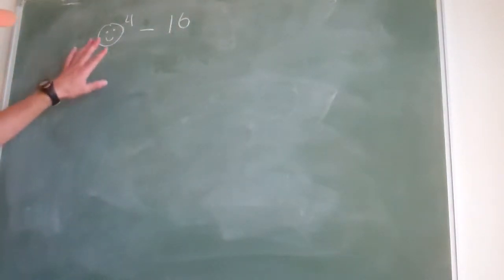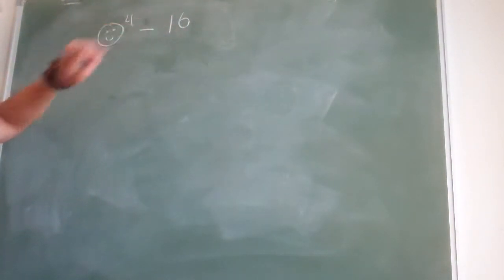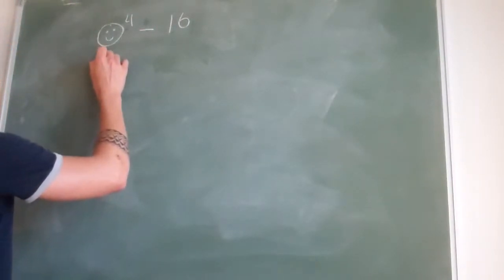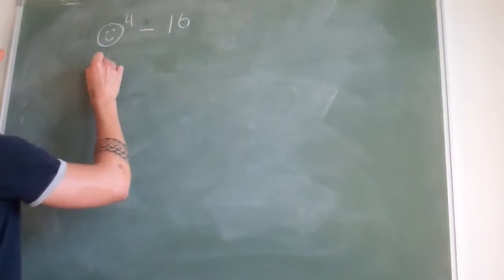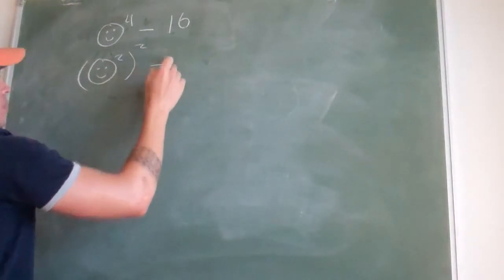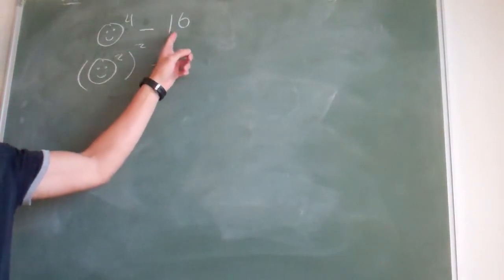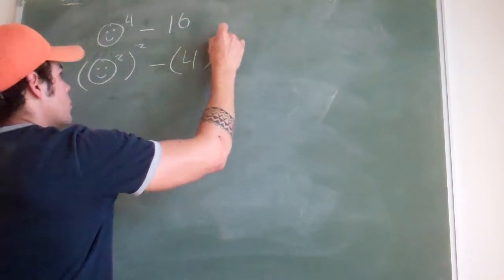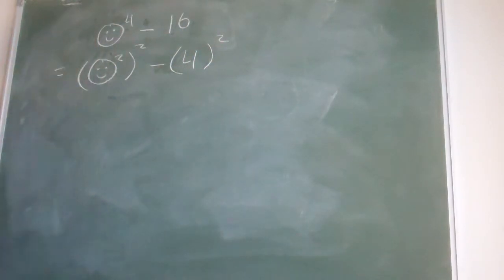Okay, so we got smiley face to the fourth power minus 16. Well, I can rewrite smiley face to the fourth as smiley face squared, squared, minus what squared will give you 16? Well, 4. Okay, so now let's go a little bit further.